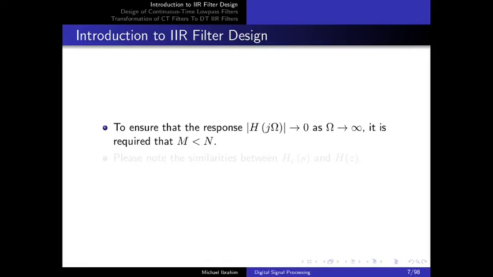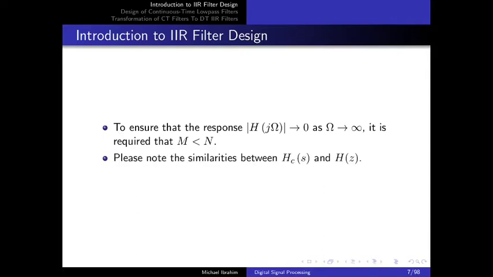Evaluating the system transfer function h of z along the unit circle would give us the frequency response of a discrete time system, but in continuous time systems, computing h of s along the imaginary axis, the j omega axis, where sigma is equal to 0, will give us the frequency response. And we need to make sure that the number of poles is always larger than the number of zeros in order to make sure that the frequency response goes to 0 as omega approaches infinity.